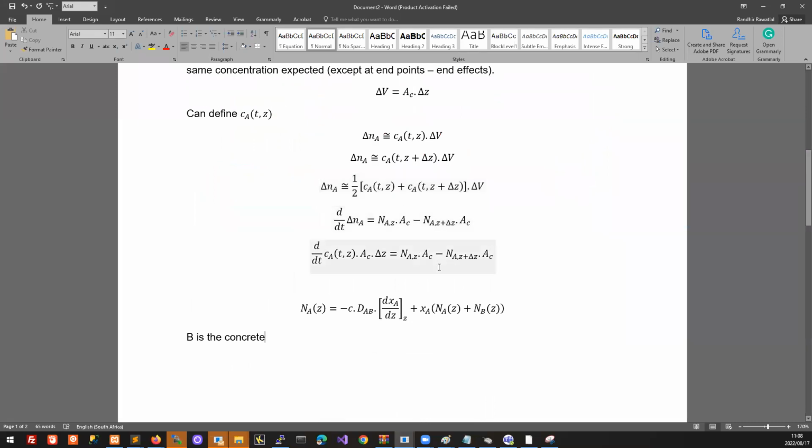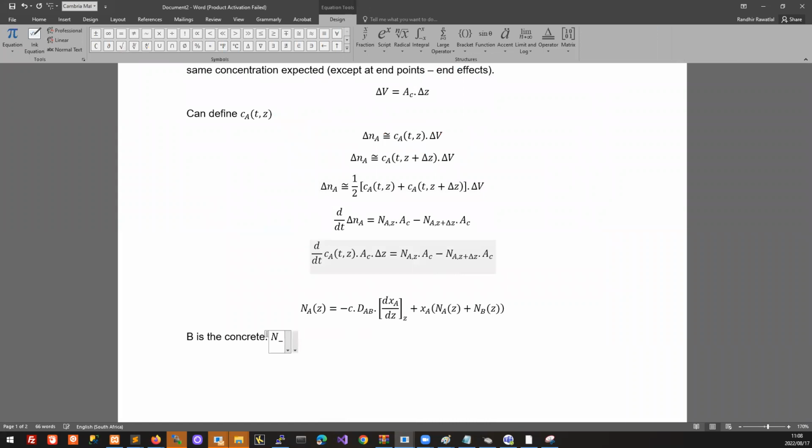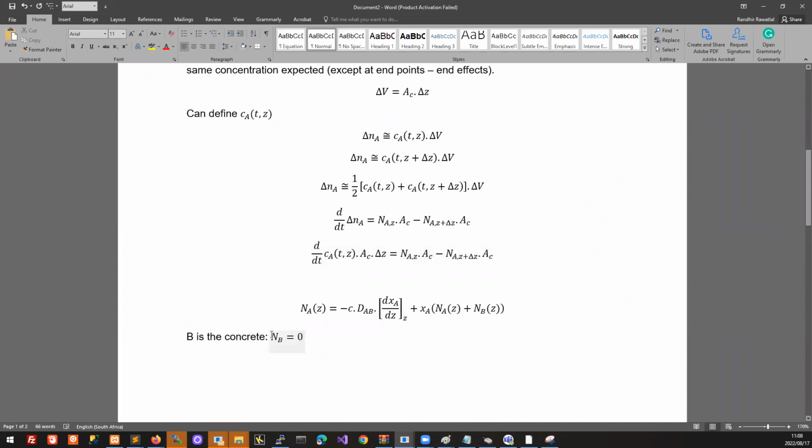So let's say NB is overall not moving. It's the concrete, it's not really going anywhere, so that's the case.